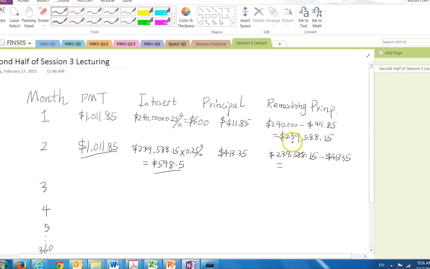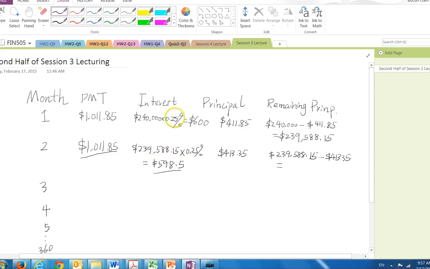So the interest rate is fixed, but the remaining principal is going down over time, right? Because you are paying off the loan over time. The loan balance should be lower and lower when you pay the money. So because the remaining principal is declining over time and the interest rate is fixed, that means the interest portion of the mortgage payment is also declining over time.